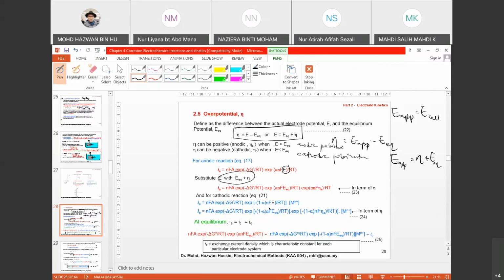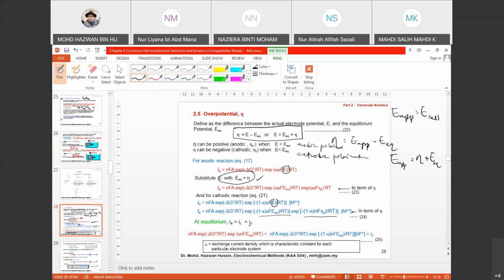Similar thing for cathodic current density in equation 21. You can substitute this part with this equation, and you also have two parts. You have one part on applied potential, equilibrium potential, and also another one for overpotential, or eta anodic.